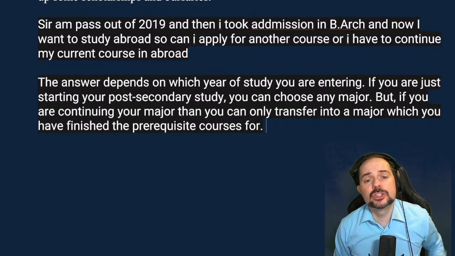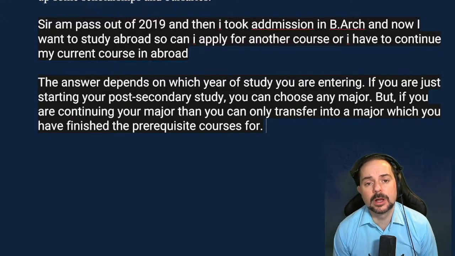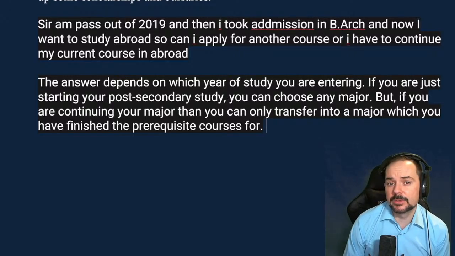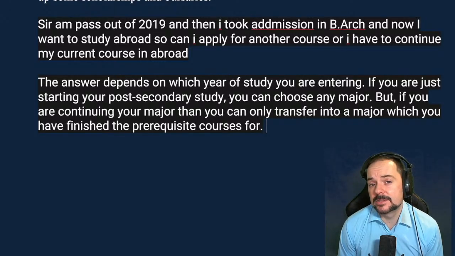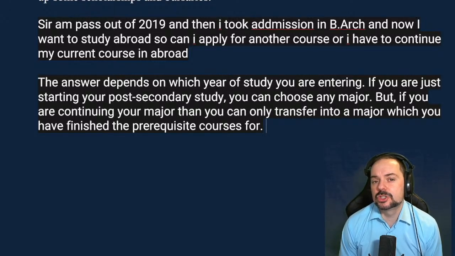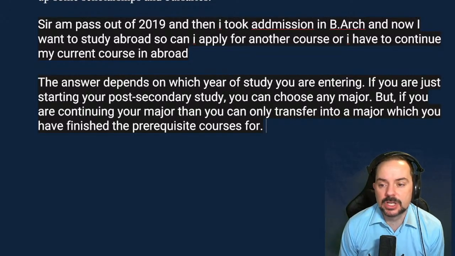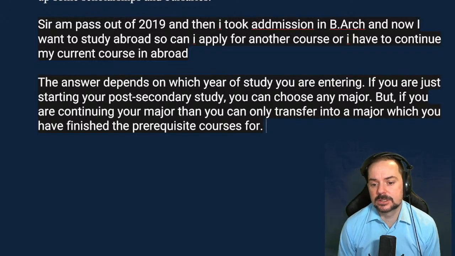And some majors share prerequisites. So I'm sure there are some majors, like maybe Bachelor of Engineering, that would share the prerequisites for Bachelor in Architecture. So you could transfer fairly easily, but I don't think you could transfer to like a Bachelor of Arts or a Bachelor of Sociology. That might be difficult because they have different prerequisites, right?